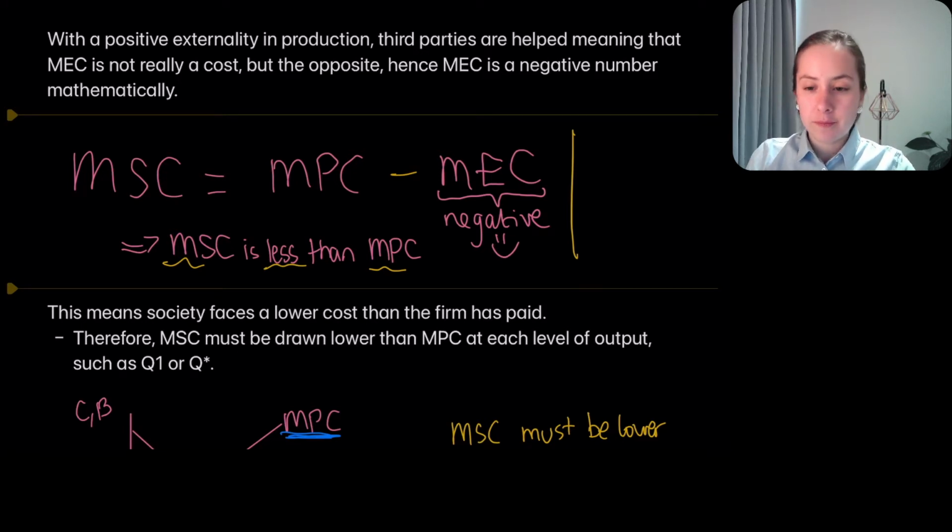It's helped them. So how we deal with this is just put a negative sign, kind of suggesting it's like the opposite of adding a cost on. You're removing a cost, and that's good. Hence the positive effect on the third parties, the helpful effect on the third parties. So you might want to write that bit down.